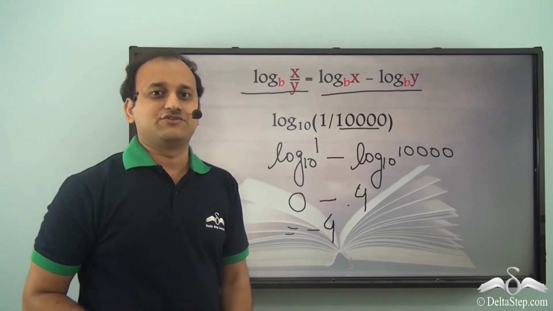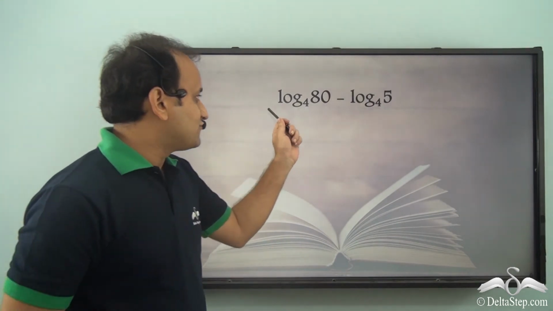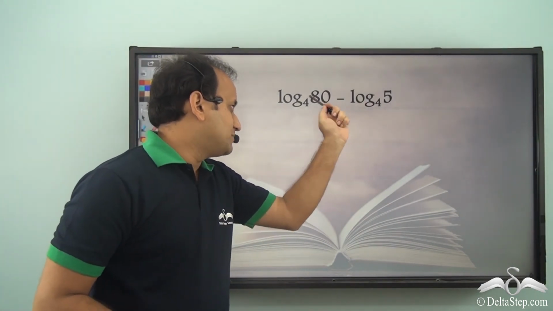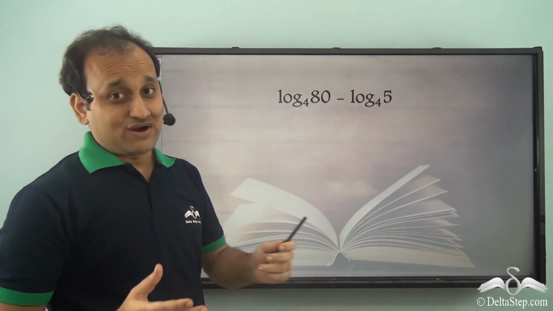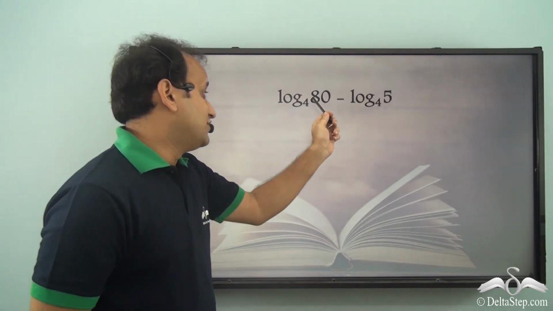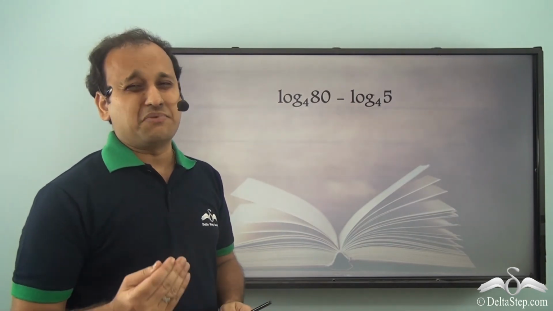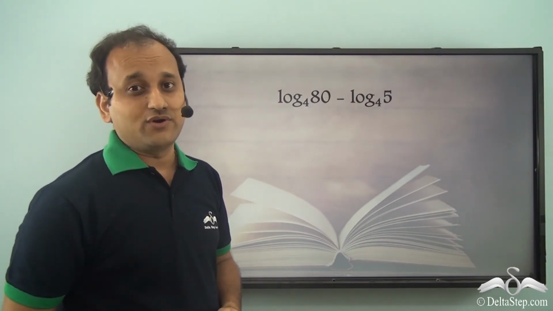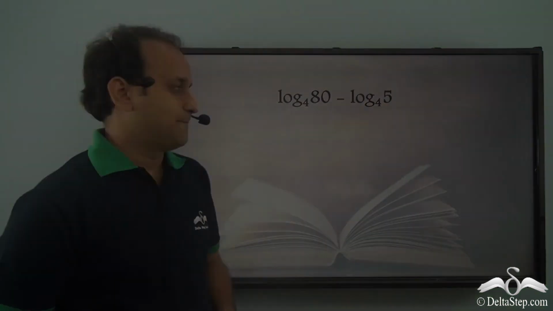So let's now see another example. Let's say you have to solve log 80 to the base 4 minus log 5 to the base 4. Now again, here neither 80 nor 5 is a power of 4, so this becomes a bit difficult to solve without a calculator. But if we apply the quotient law, let's see.